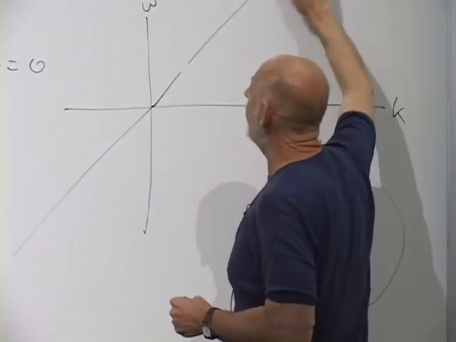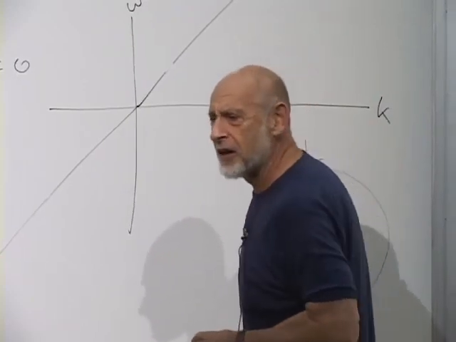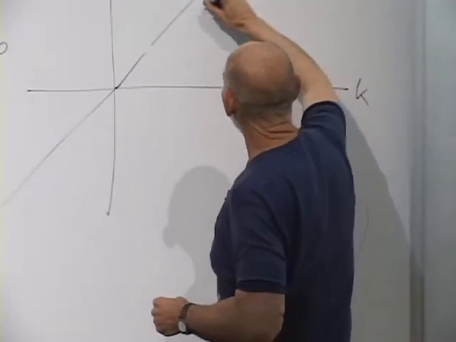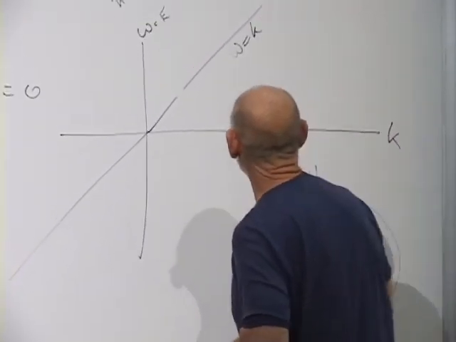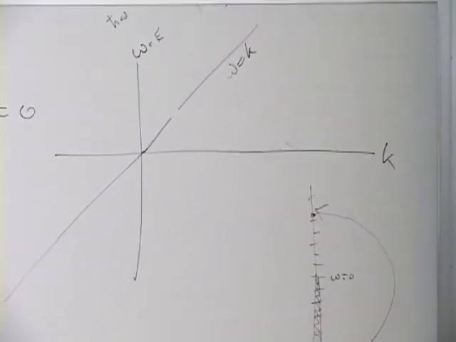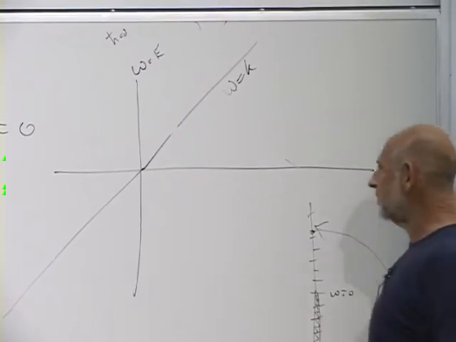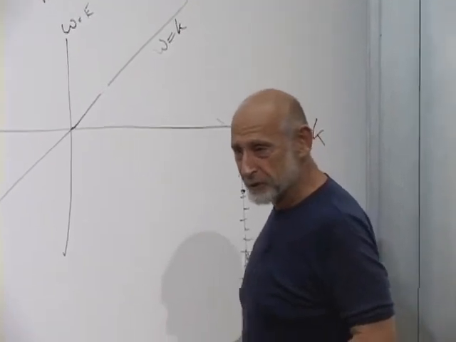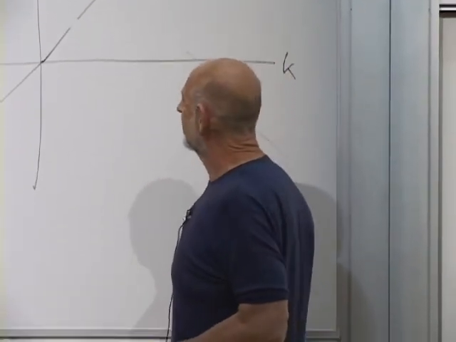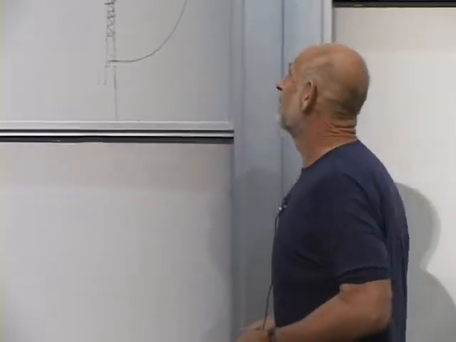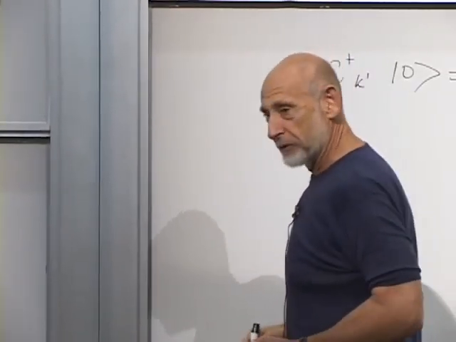Sorry, this is just a 45-degree line. That's omega equals k. No, I think you probably weren't confused. You were just confused by the fact that I drew three axes, except that I didn't. Right, it was two axes and a curve.